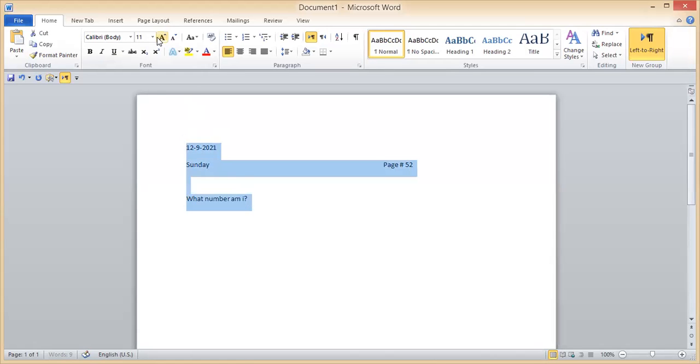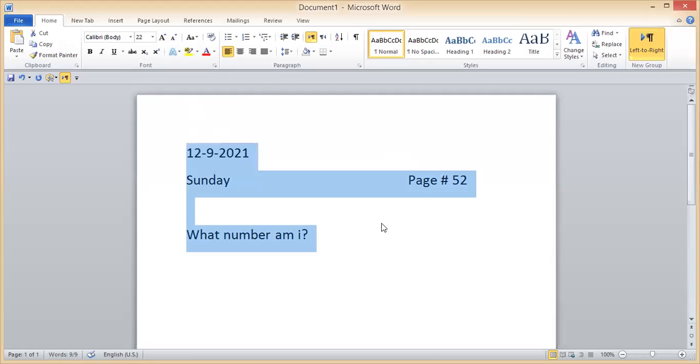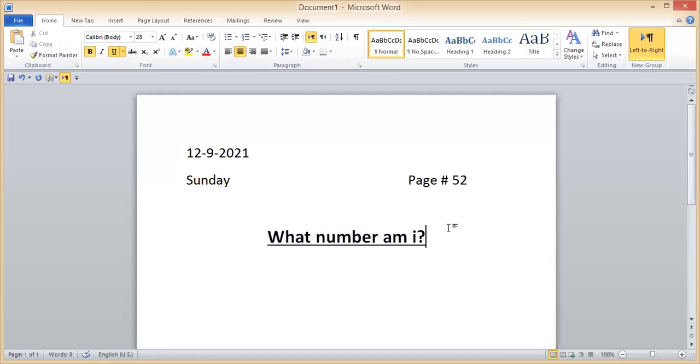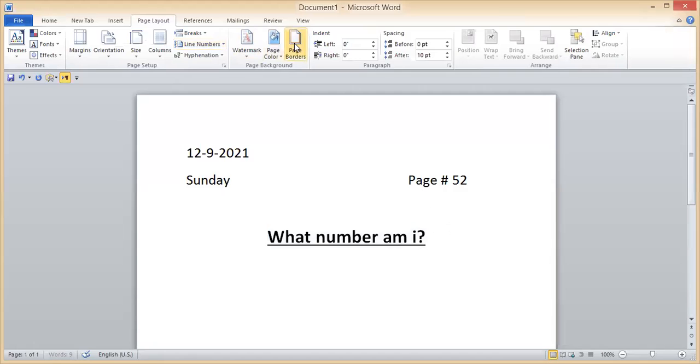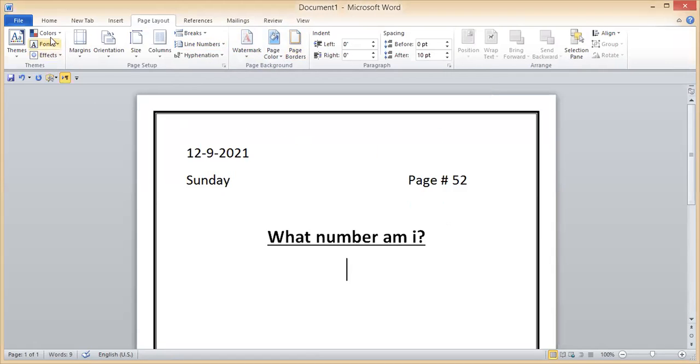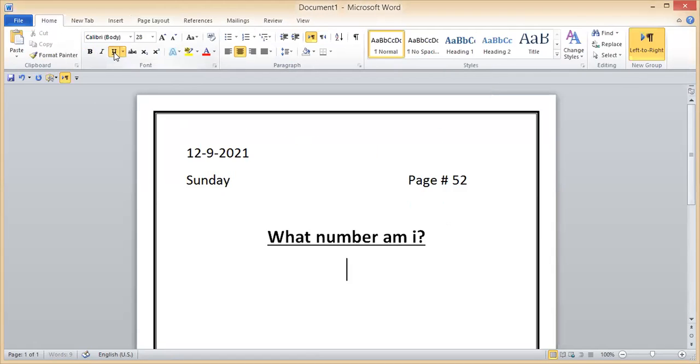I'm going to make it bigger for you. Take out your notebook and write on the top of the page the date, day, topic name, and page number. What number am I?